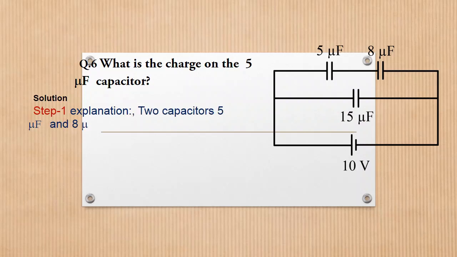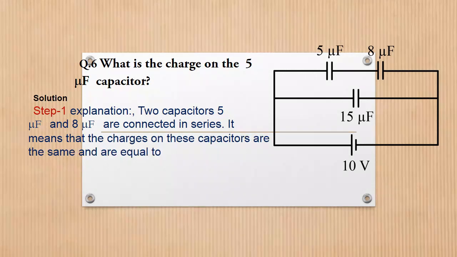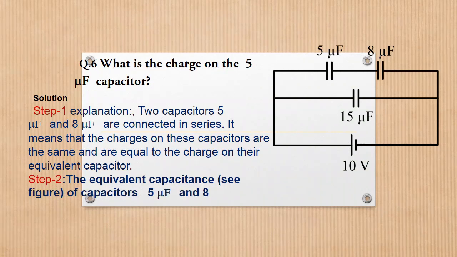Explanation: two capacitors, 5 microfarad and 5 microfarad, are in series. It means that the charge on the capacitors is the same and is equal to the charge on their equivalent capacitor. The equivalent capacitance is of 5 microfarad and 8 microfarad. Yes, C1 into C2 by C1 plus C2, already you have expertised.